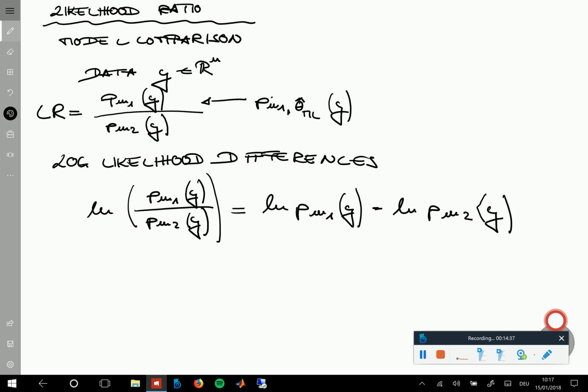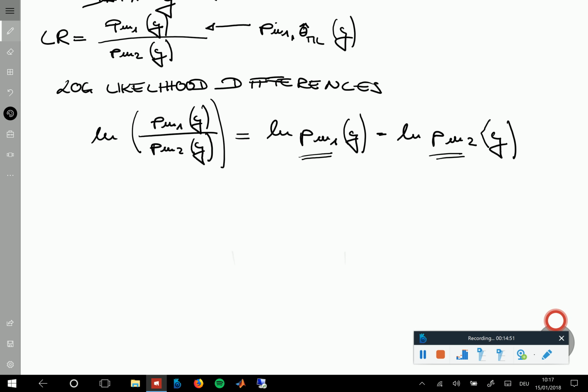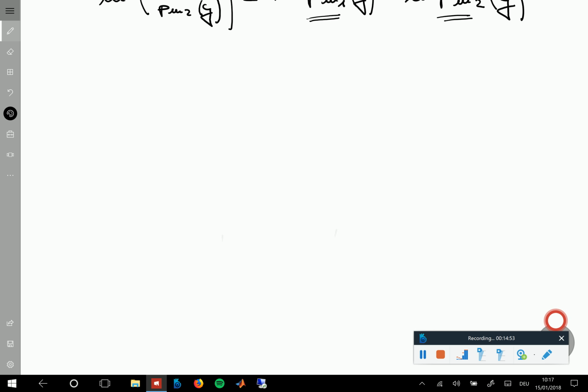Let me find where I am. So now we're trying to give some meaning to these PM1, PM2 that we're comparing here. So what are those?